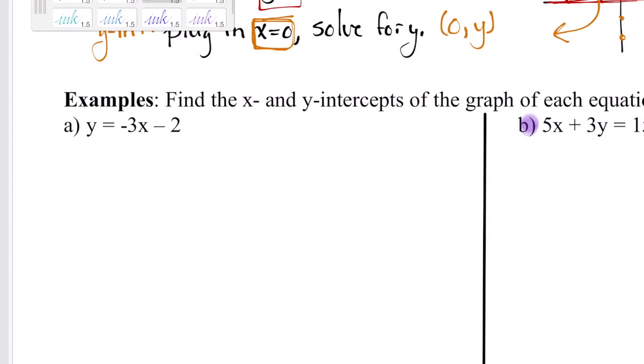So here for the first one, I'm not going to do the second one. I'm going to say that for my babies. We've got to find the x and the y-intercept. So I'm going to start with the x first. So that means I'm plugging in 0 for y. So instead of my y, I'm going to put 0 is equal to negative 3x minus 2.